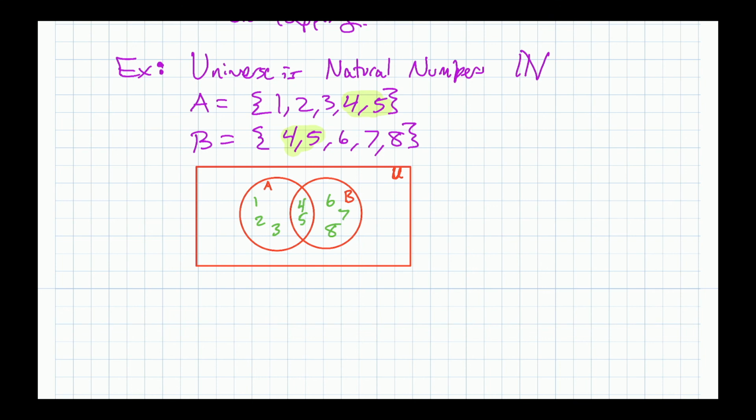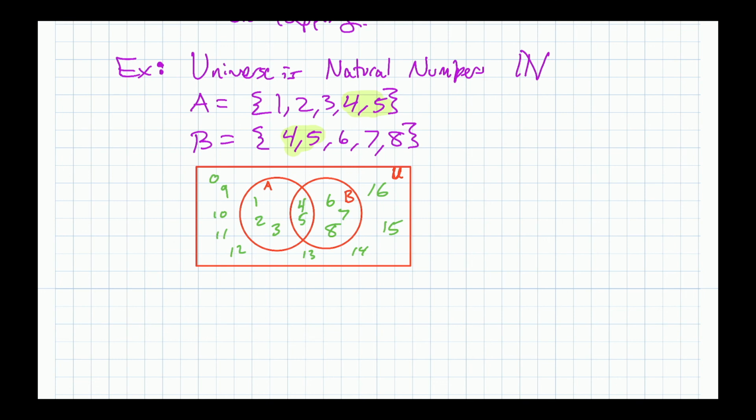Now, what's outside of the circles? Well, outside of the circles are all of the other natural numbers. So like zero is out here. 1 through 8 are not, but then you've got 9, 10, 11, 12, 13, 14, 15, 16, etc. You don't draw those in usually, but all of the natural numbers are there in the universe.